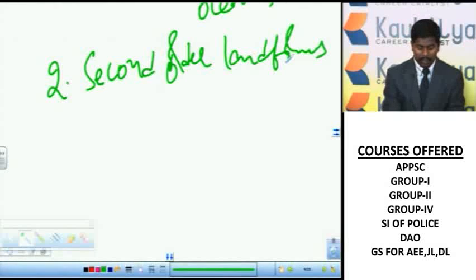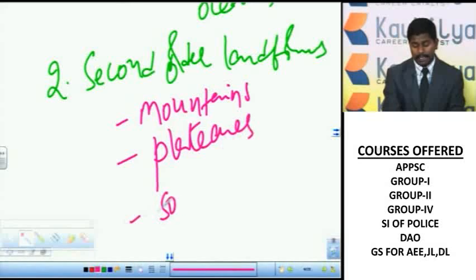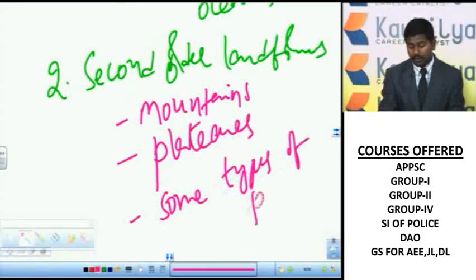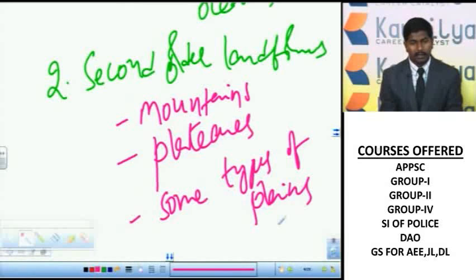These are the mountains, the plateaus, and some types of plains. Not all the plains, but some types of plains are also second order development, formed due to some endogenic forces over these continents and oceans, which gave birth to these mountains, plateaus and plains.